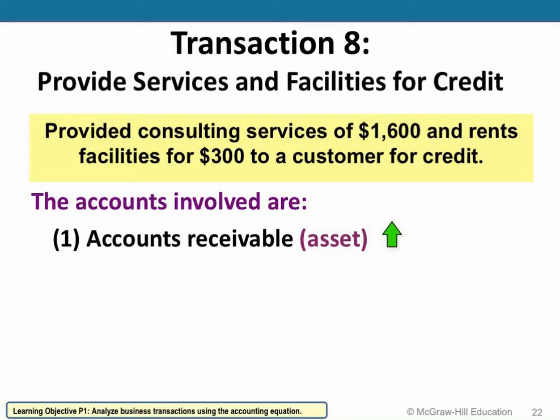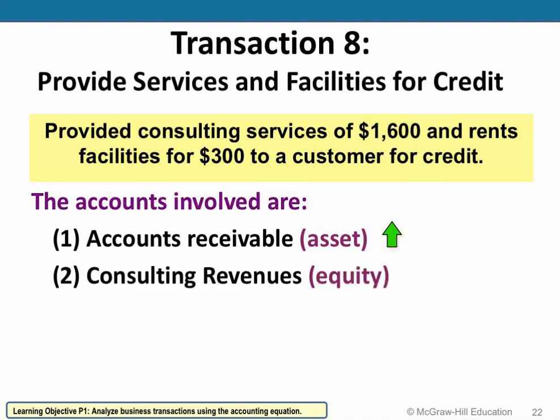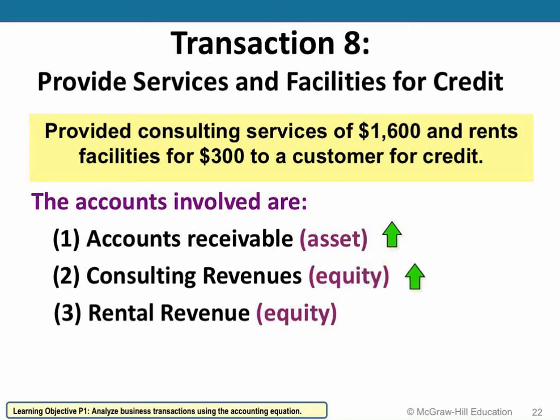We'd gladly accept payment tomorrow. Accounts receivable is an asset we're using to record that we anticipate being paid at that later date. And then because we're increasing an asset on the left-hand side, we need to have a corresponding change. That is going to be to equity because of an increase in those revenues. And we're also renting those facilities to the customer, which is going to be rental revenue as well. So that's going to be an increase in equity.